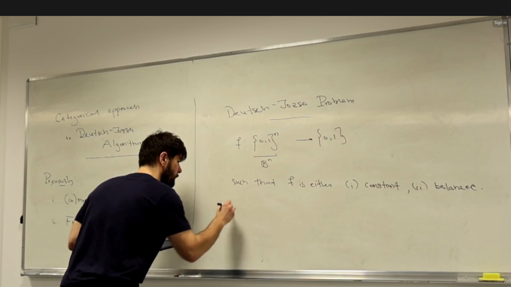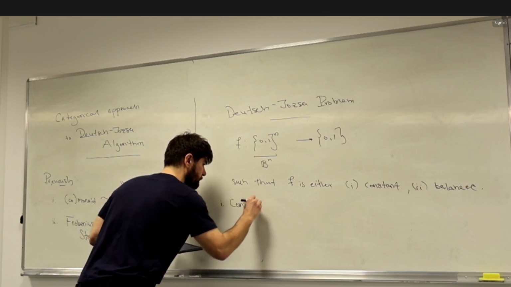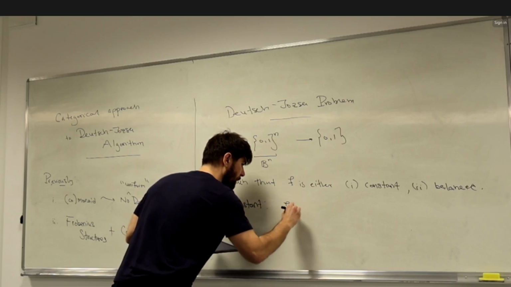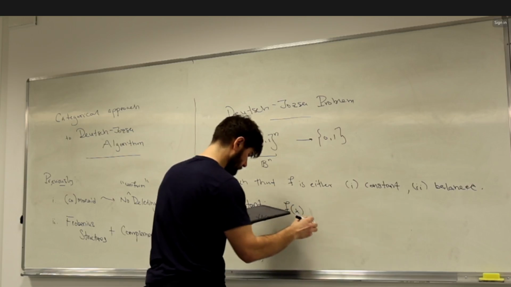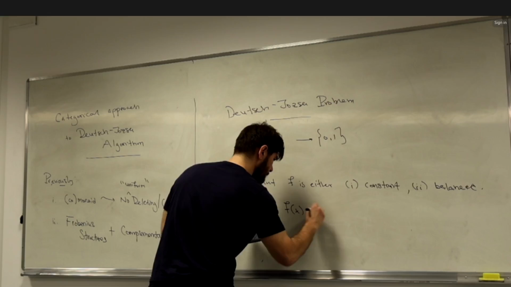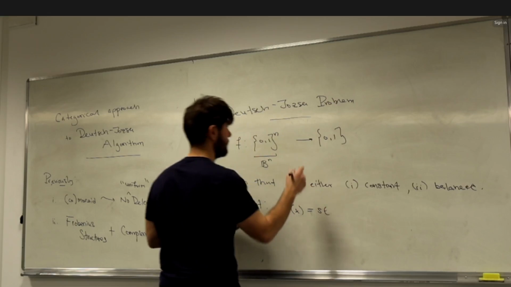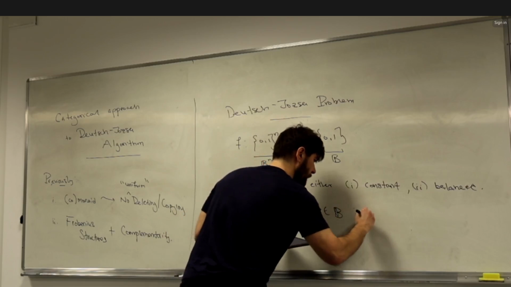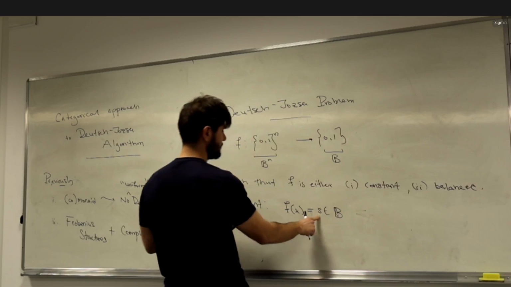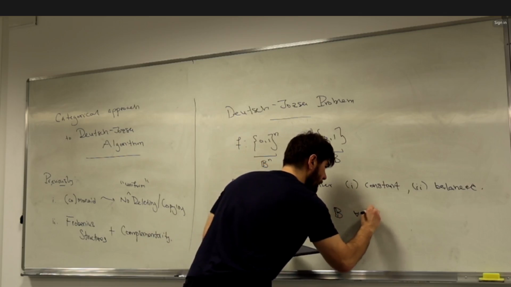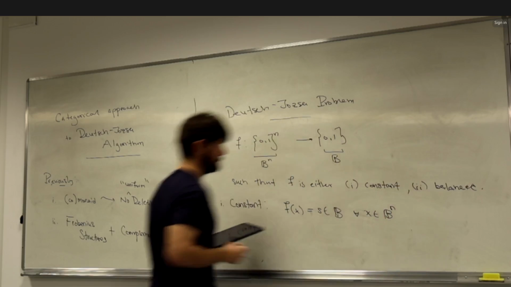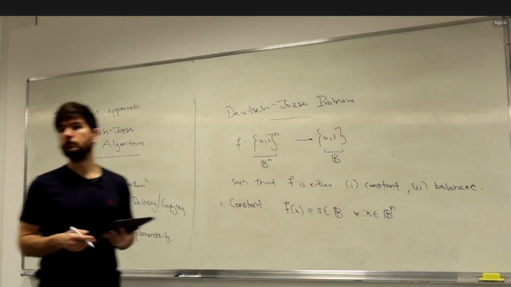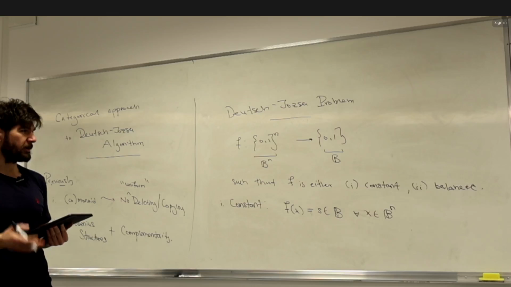Constant: as trivial as it might seem, let's say f(x) equals s, where s is some 0 or 1, for every x in b to the n. There's also a nice picture that goes along with this.